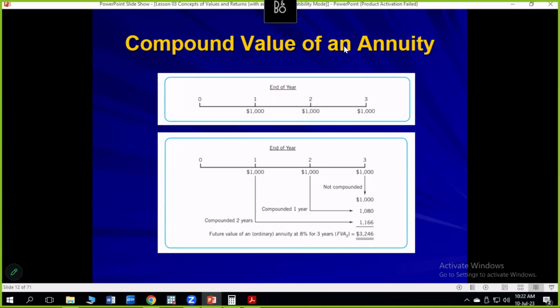But in the second year, only 1 year interest is provided. So interest is 8%. So 1,000 on 8%, 80 rupees. 80 rupees added.